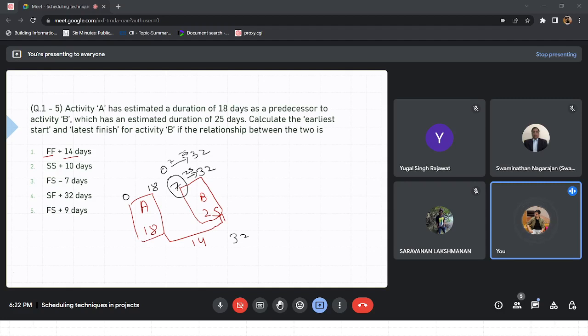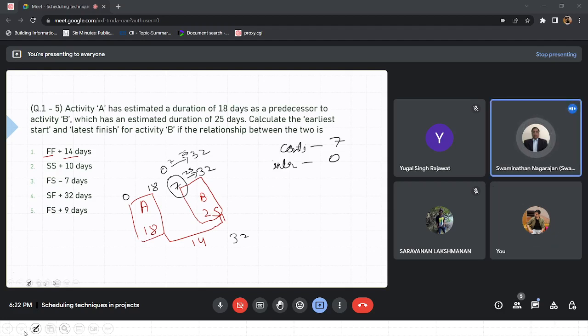So we can see that if we take it as continuous, B can start on 7, and if it is interruptible, obviously it can start on 0 anytime, right? Each one we can calculate separately, start and finish.